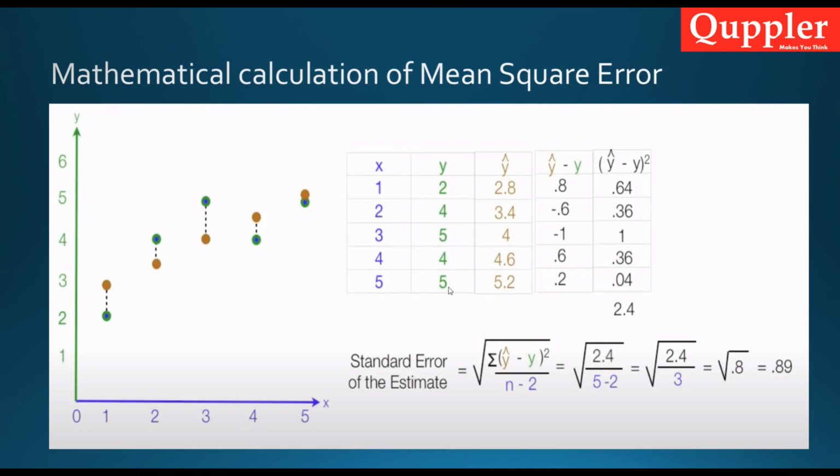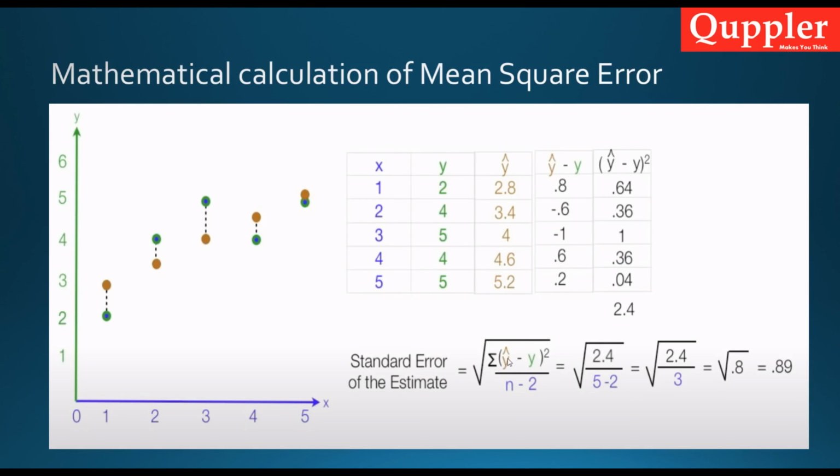For this, we need to calculate the cap of it, so the cap is my predicted value. Let's say my predicted value is 2.8. This is my original y value, and this in brown is my predicted y value, y of p or y cap.